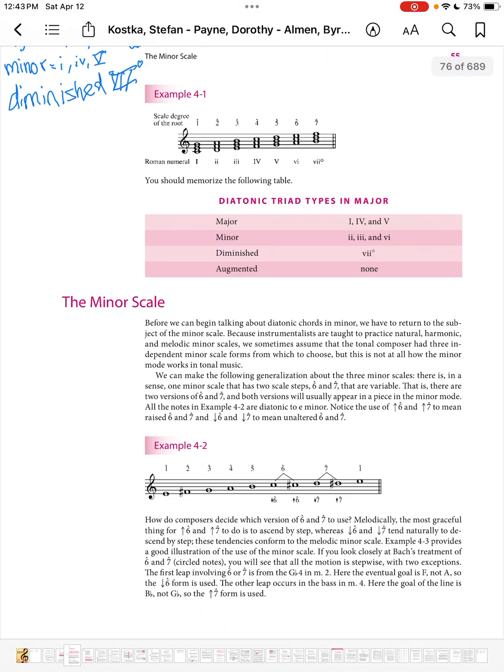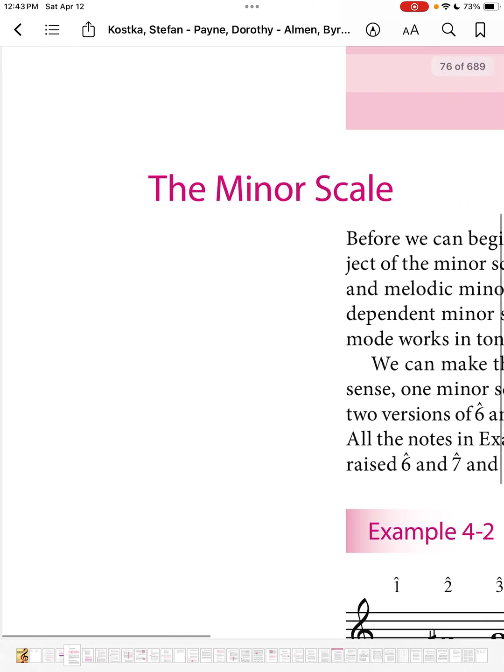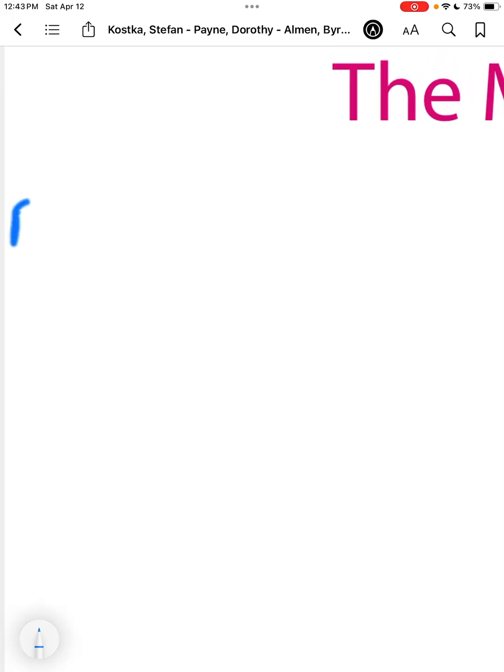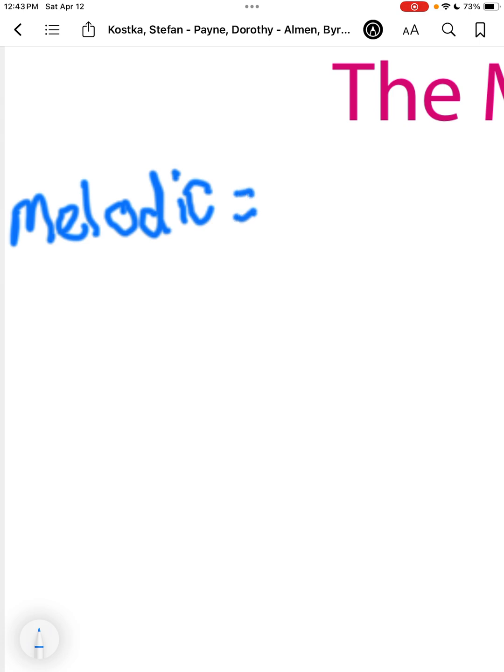So the minor scales: what I technically remember of minor scales, I'm going to write them on the side here. So melodic, you have 3 types. Wait, I had it messed up, sorry, I had it wrong, forgive me.